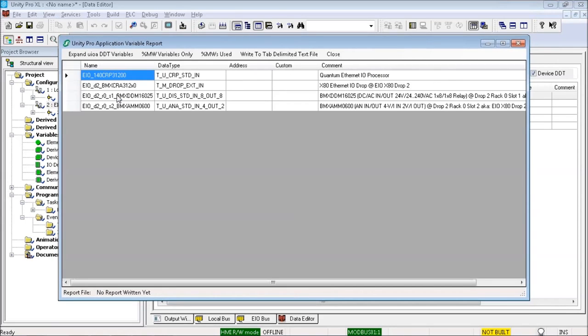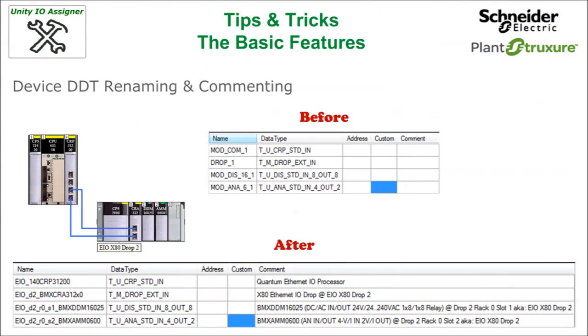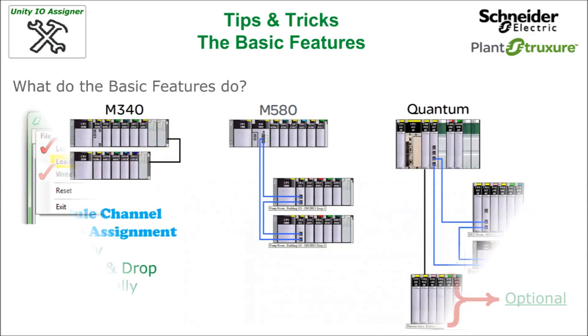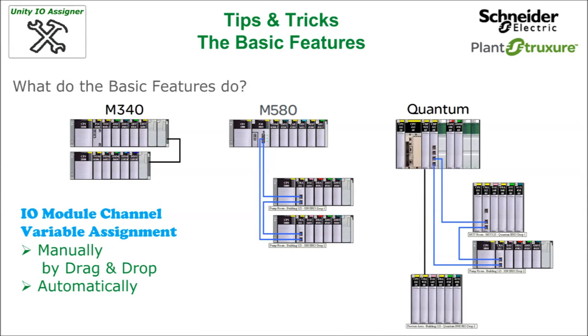So here is the before and after of a Unity I/O Assigner basic feature. The other basic feature is I/O module channel variable assignment, and this feature is demonstrated in all of the other Unity I/O Assigner videos, so I will not do that here.